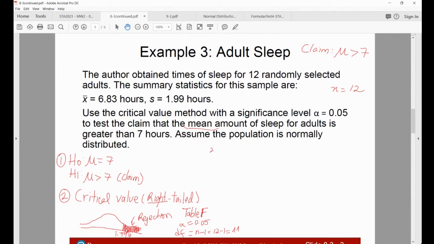What's the next step? Now we need to find the test value, the test statistic. So using the right formula, t equals the sample mean minus the value of mu in the null hypothesis, over the standard deviation divided by the square root of n. So what's the sample mean?